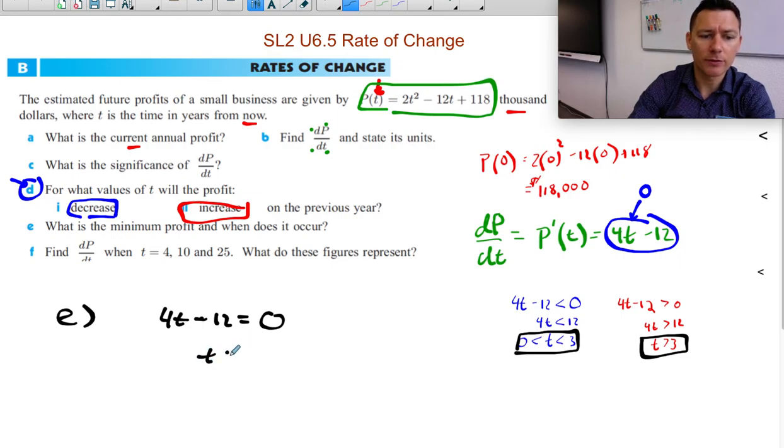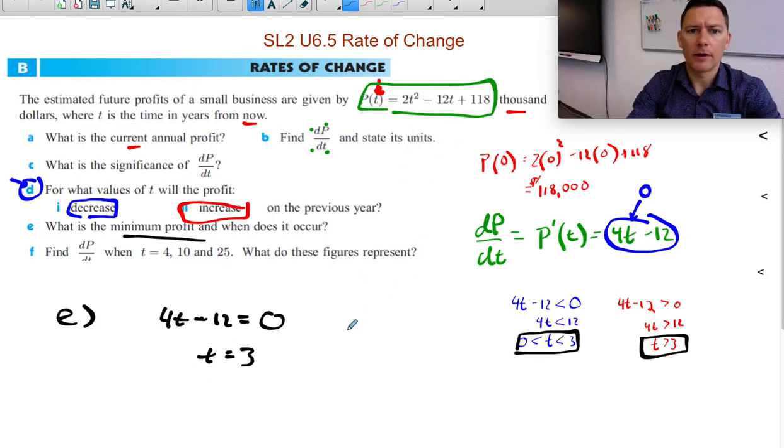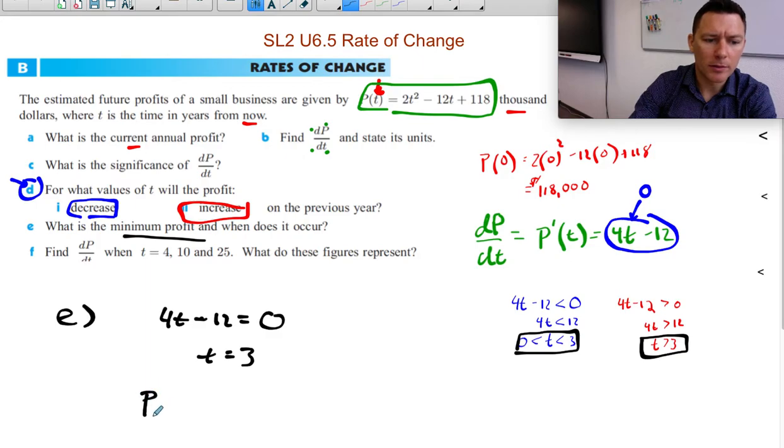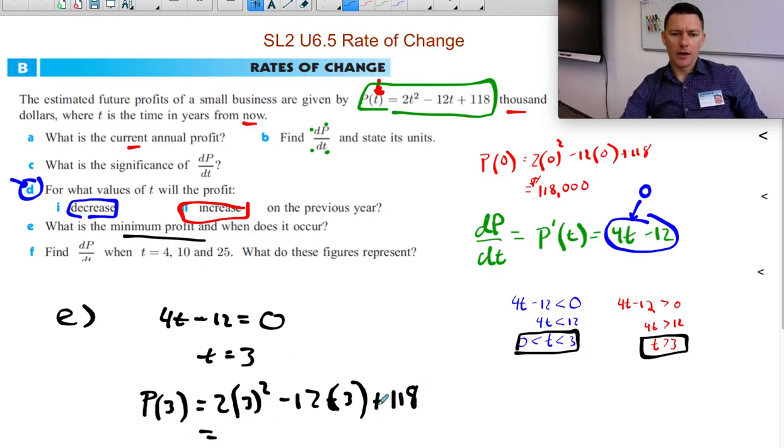So at t equals 3, they said what's the minimum profit, so you use your 3 and you plug it in there. So the minimum profit happens at year 3, so you get 2 times 3 squared minus 12 times 3, sorry, plus 118. Cool, you crunch those numbers and whatever you get out of there.